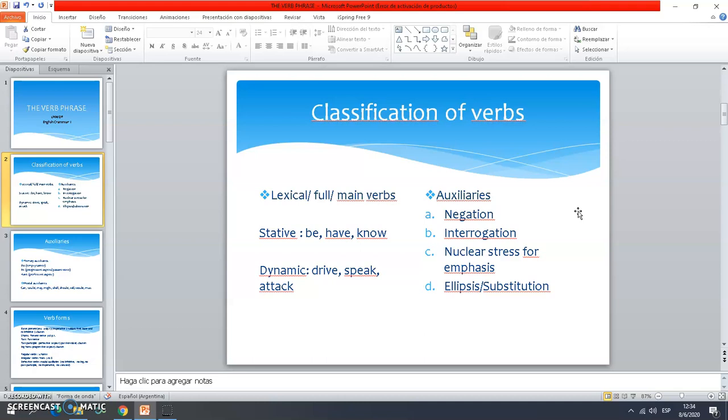They are also involved in interrogation. They invert for interrogation. When are you listening to me? Will you come? All right. They also carry nuclear stress for emphasis. When, for example, you say, I have finished, as opposed to the unmarked form, I have finished.